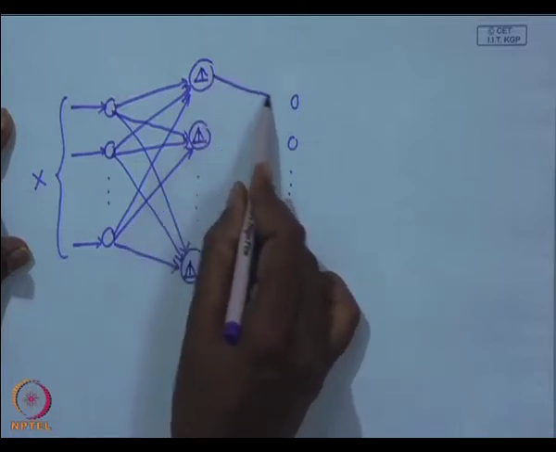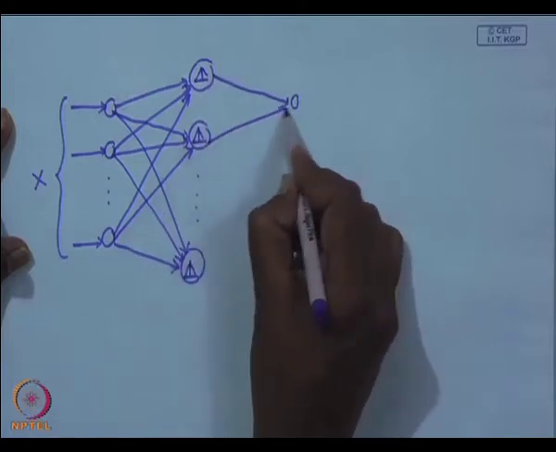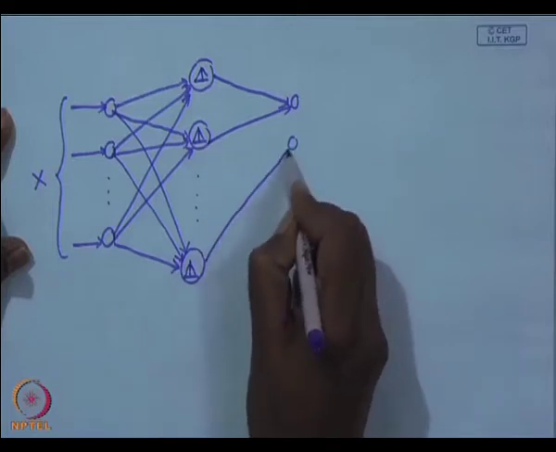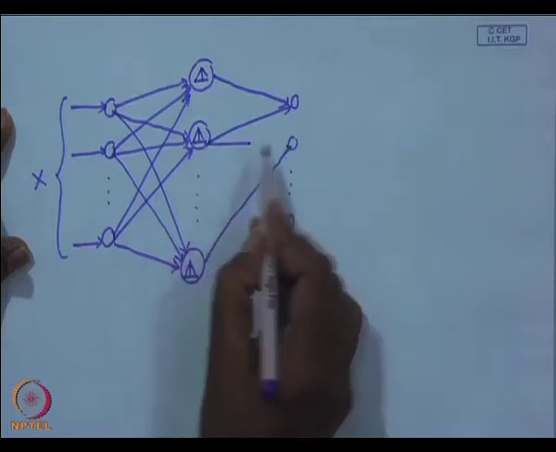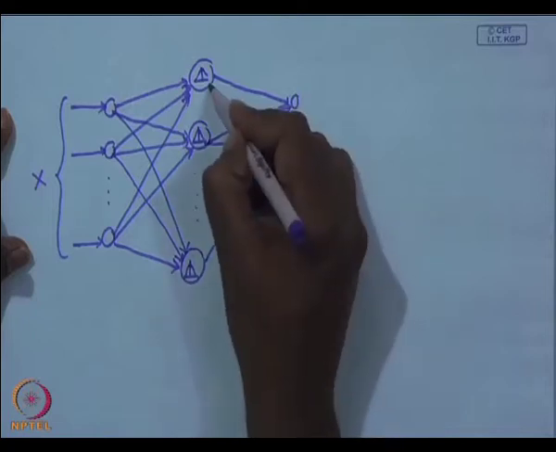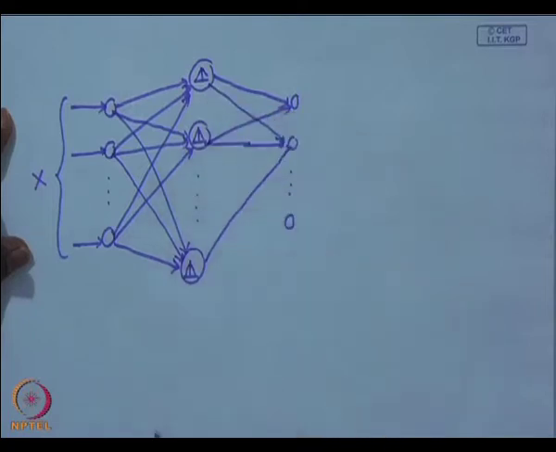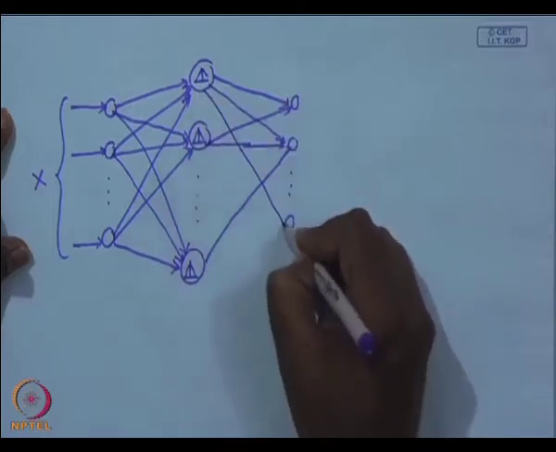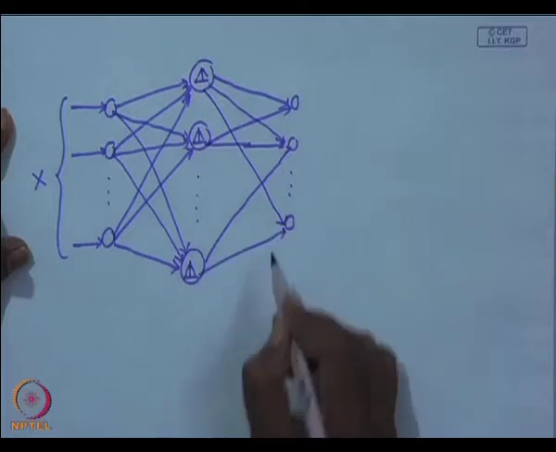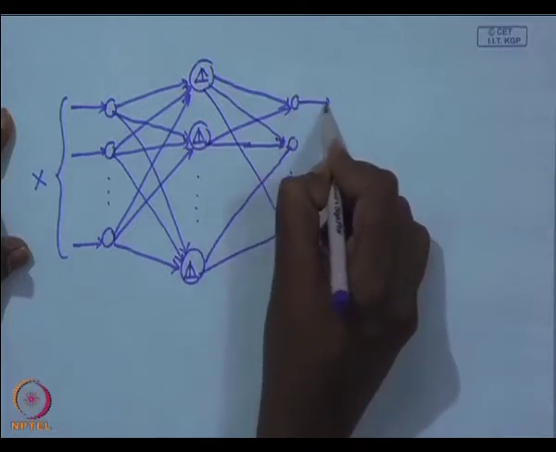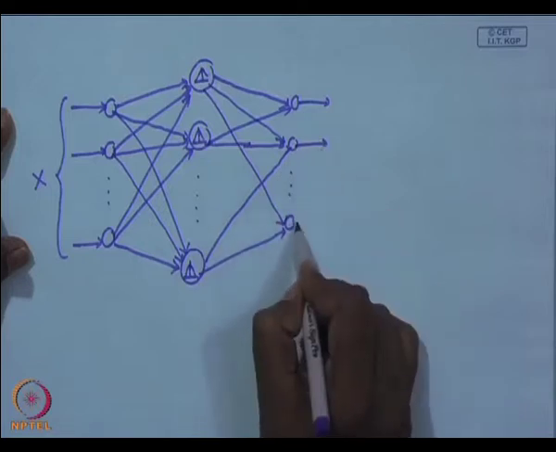Outputs of the hidden layer nodes are connected to the output layer nodes, like this, and I take the output from every output layer node.